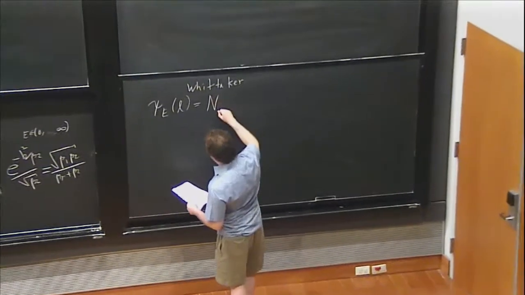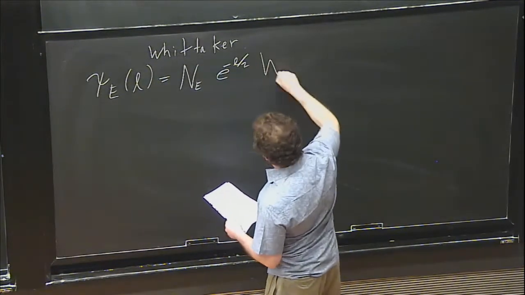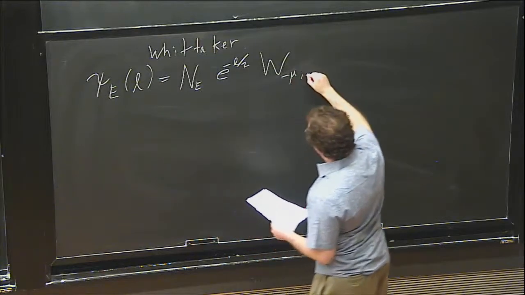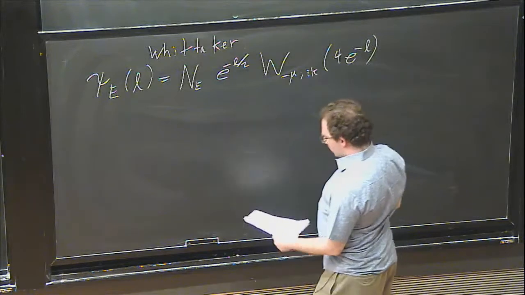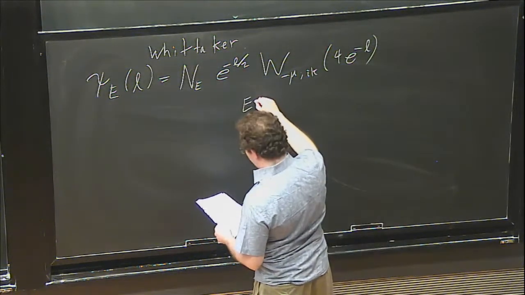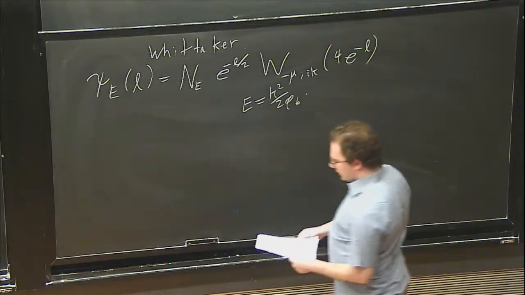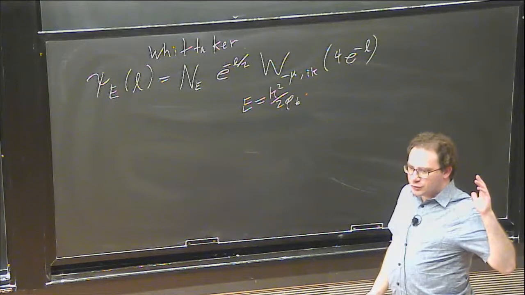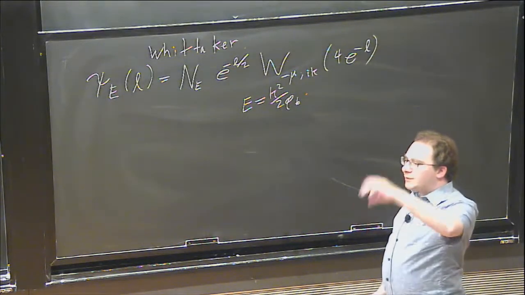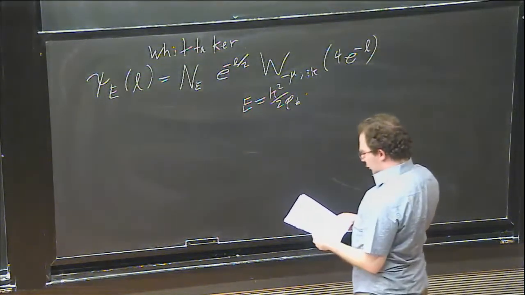There's some normalization constant, and then this Whittaker function evaluated like this, where k is the square root of the energy. Those are the eigenfunctions of this quantum mechanics. Again, it has a continuous spectrum. If mu is negative, there are a few bound states, but there's always the continuum. And if mu is positive, there's only the continuum.